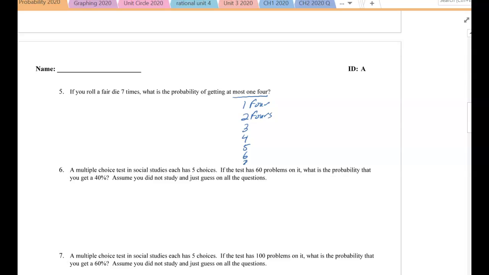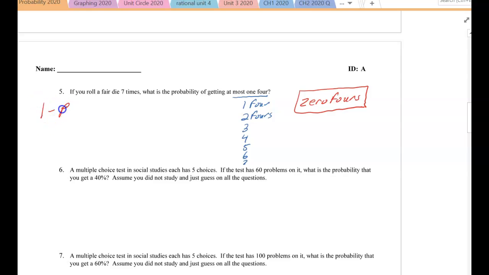And in the previous unit, we talked about when you see the words at least or at most, you might be thinking of complement. So if you look at what I wrote here, what's missing is 0 fours. So it might be easier to figure out the probability of getting no fours and then doing the complement. So I would suggest you figure out the probability of no fours and then do 1 minus that.